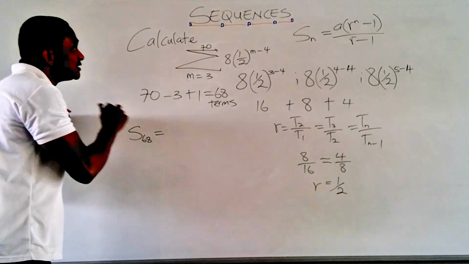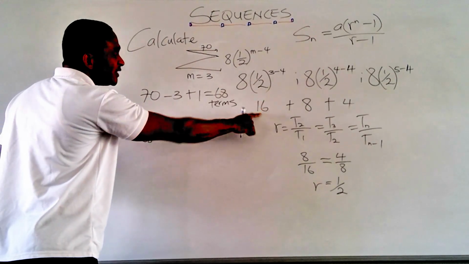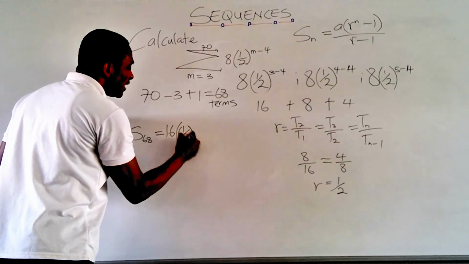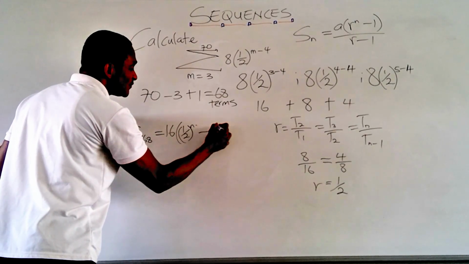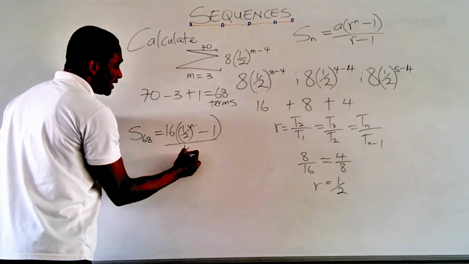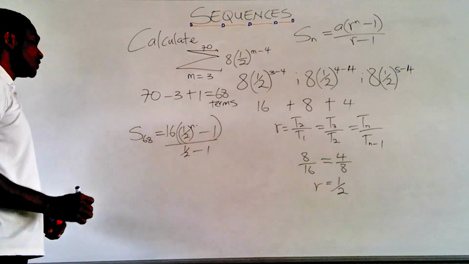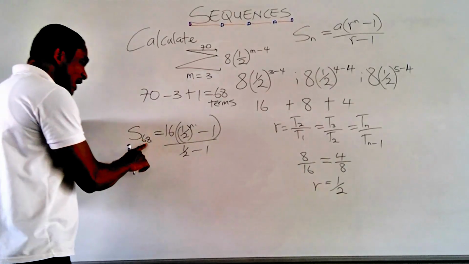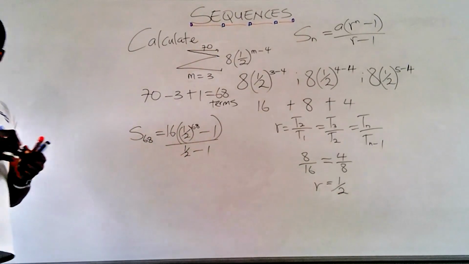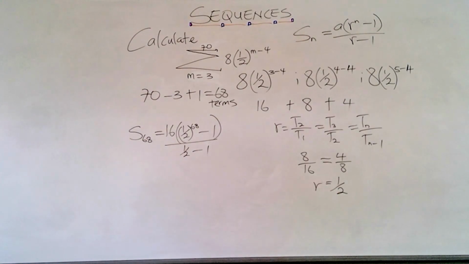So here, sum of 68 will be our A, which is the first term, 16 into half to the power of n minus 1 all over half minus 1. Remember our n in this case is 68. So let's see what this gives us.